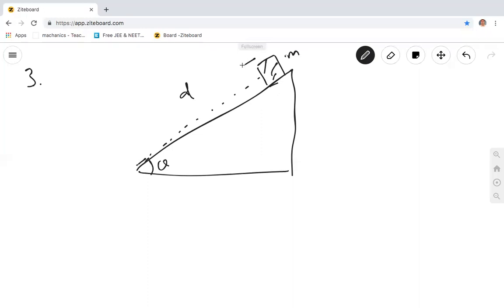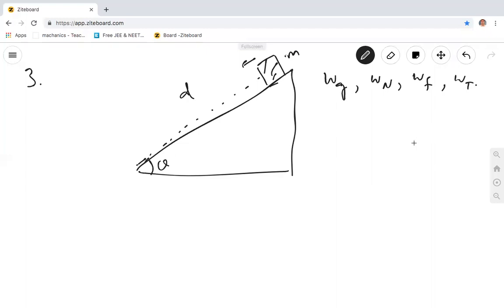We have to find, let me see what he asks us. He asks the work done by gravity, then the work done by normal reaction, then the work done by friction, then the total work done.